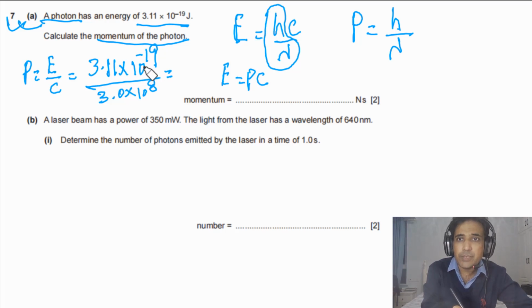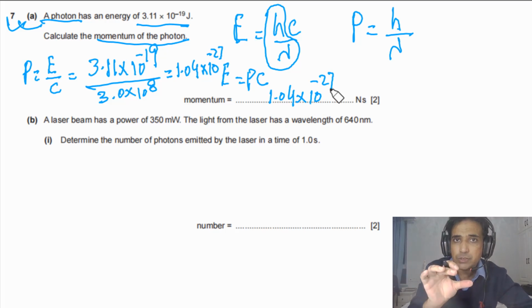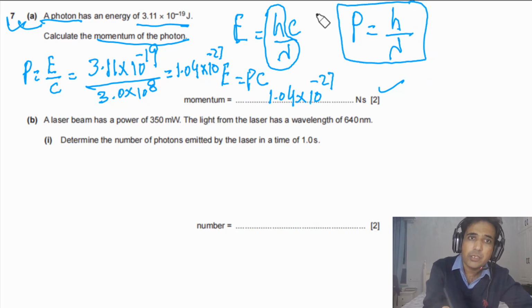Now if we simplify this one, we will get the value of momentum, that will be equal to 1.04 times 10 to minus 27 newton seconds. So this is our final answer. Pretty straightforward one, but these two equations are very important for quantum physics.